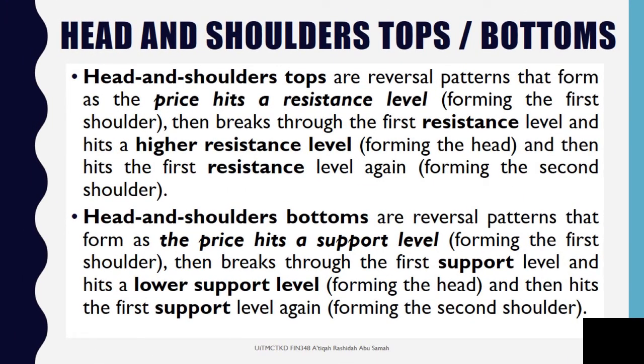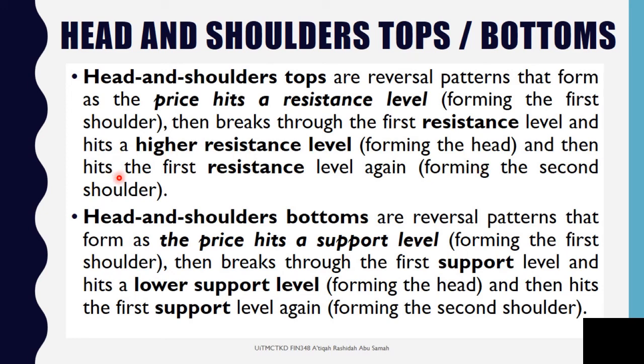What is head and shoulders? One head and two shoulders, and then we have tops and bottoms. Head and shoulders, or HNS, are reversal patterns that form as the price hits the resistance level, forming the first shoulder, then breaks through the first resistance level and hits a higher resistance level, forming the head.